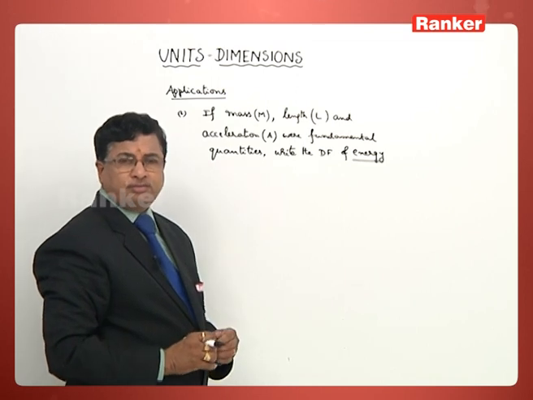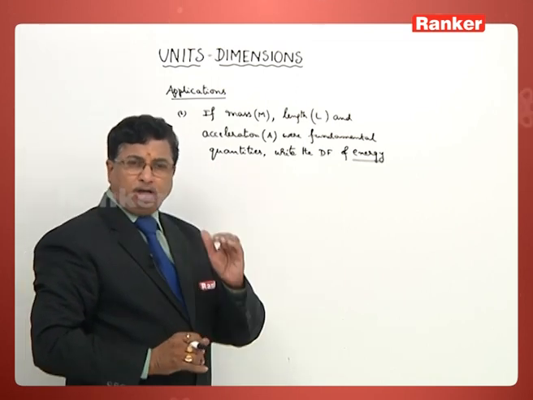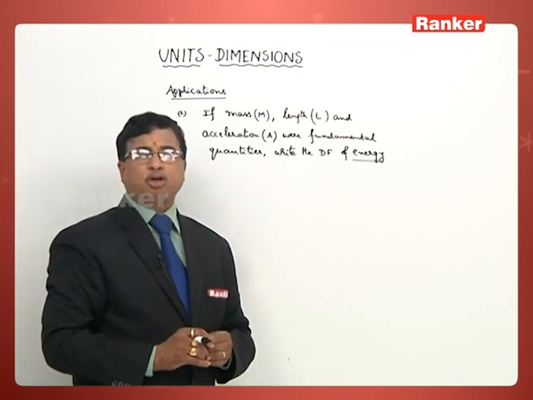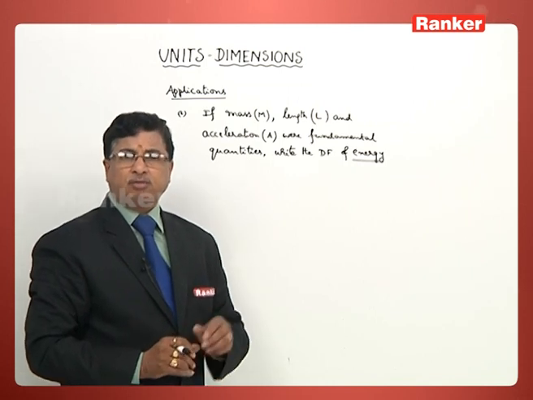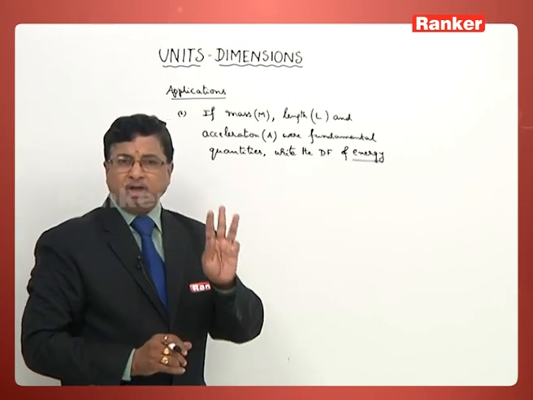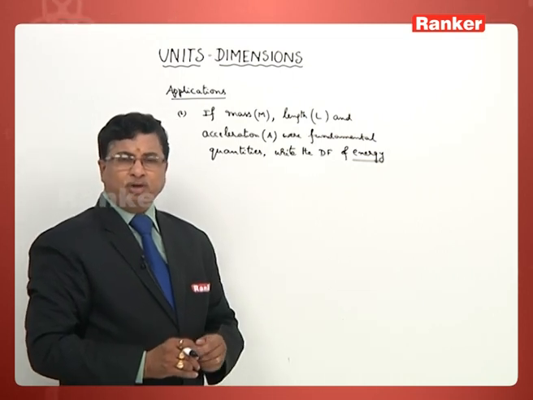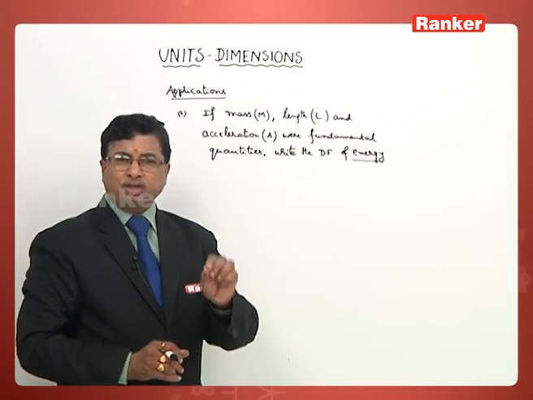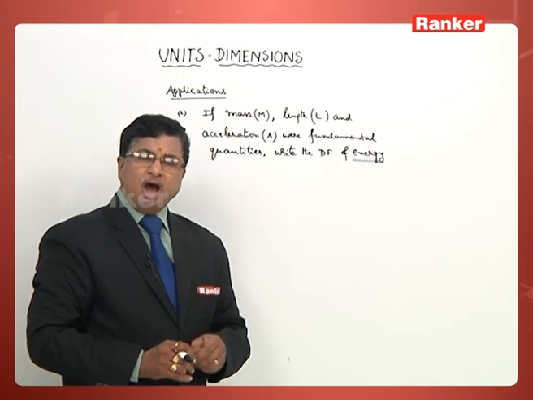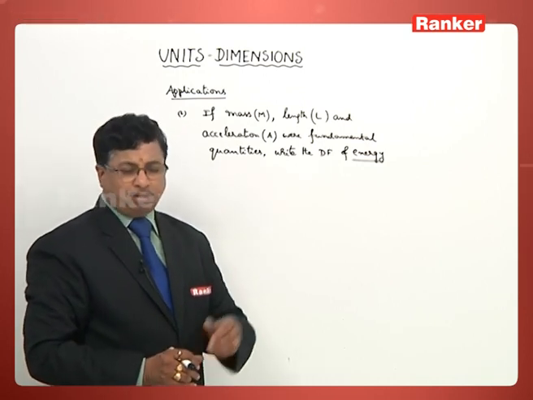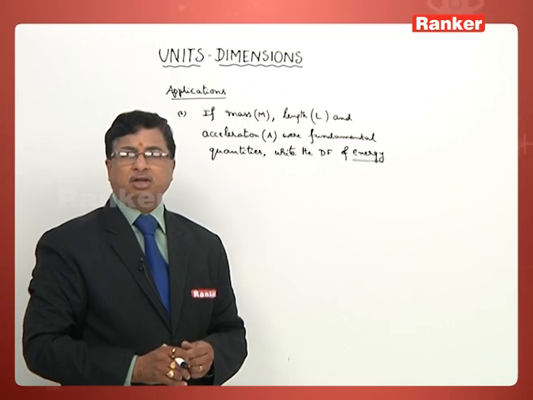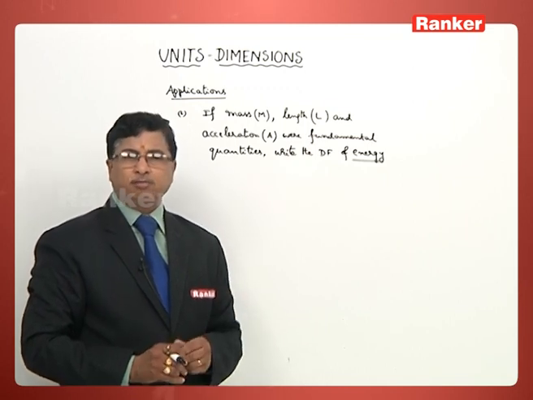In true sense, in the very beginning of the units and dimensions topic, we have already discussed that there were three fundamental quantities initially we have adopted. One is length, one is mass, one is time. Afterwards, under SI units, we have added a few more quantities as fundamental, that also we are aware of.